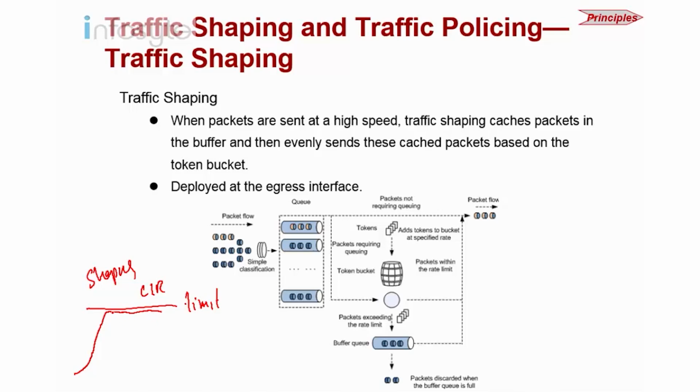Why? Because anything that hits over here, some of the packets will be cached. Rather than being dropped as in policing, it will be cached in your queue or buffer, and released when you have certain spare capacity. So when we want to deploy shaping, it's always on the egress rather than the ingress.